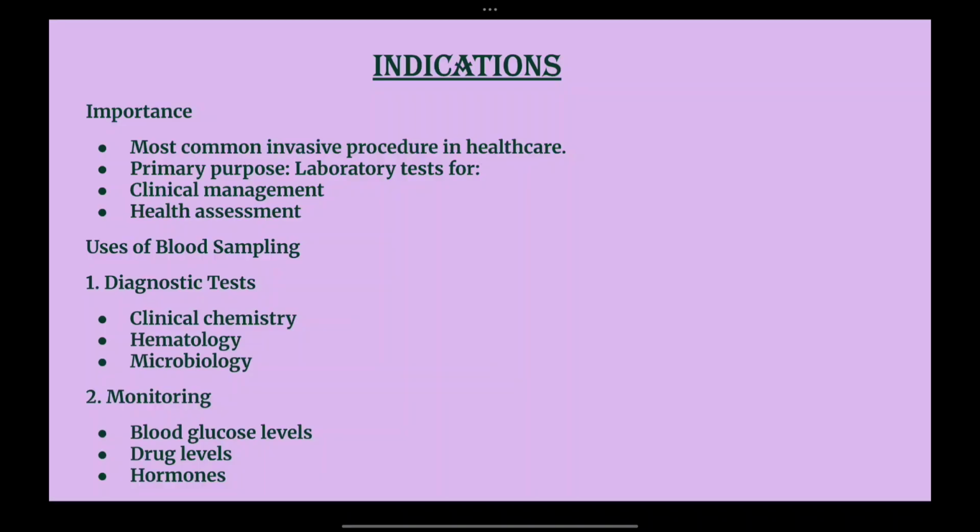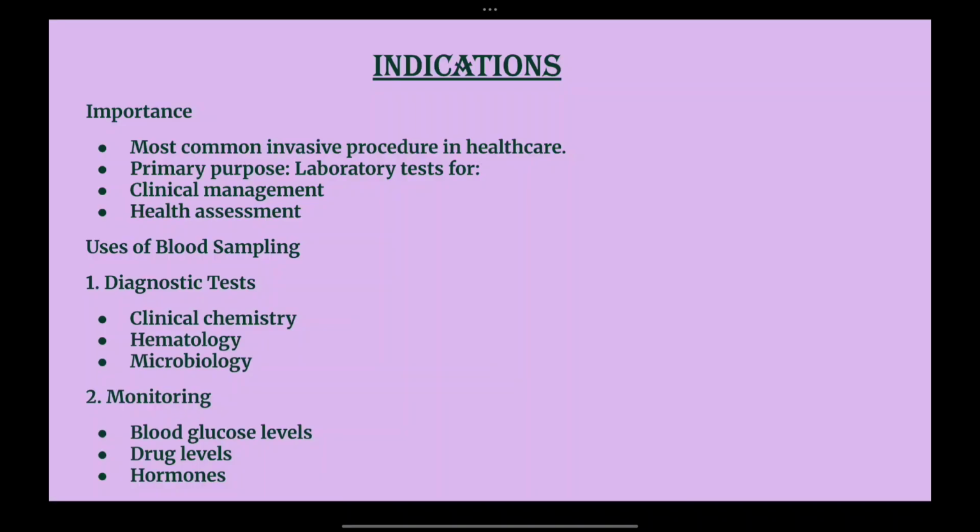It is important because it is a common invasive procedure that happens in healthcare. Whenever you visit a hospital, if the doctor advises, mostly for a patient suffering from major diseases or hereditary diseases, then the doctor advises an invasive procedure. Blood tests are commonly conducted in healthcare services.